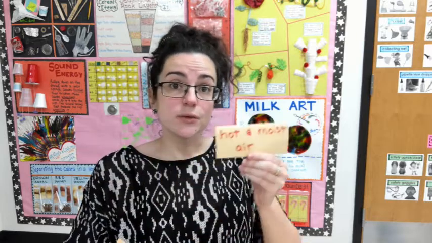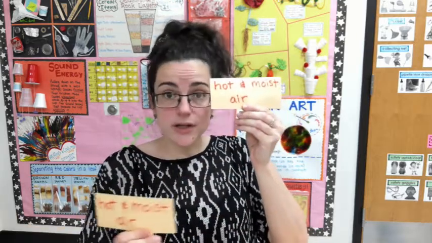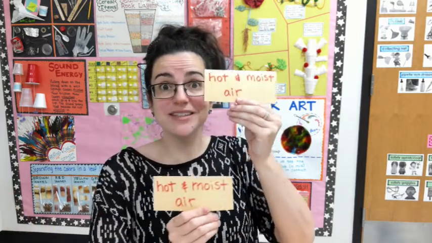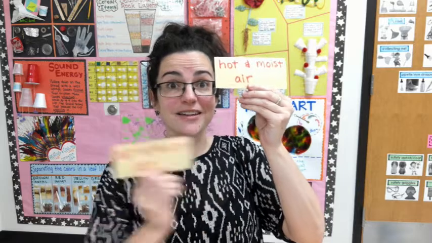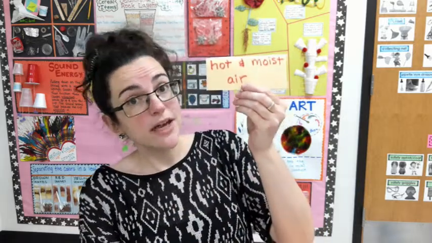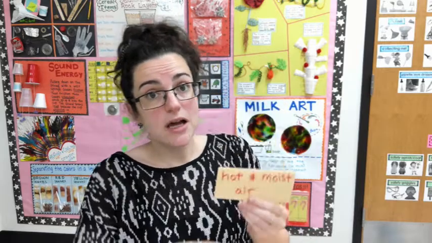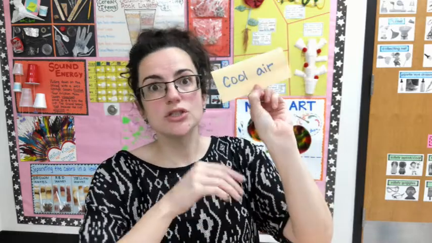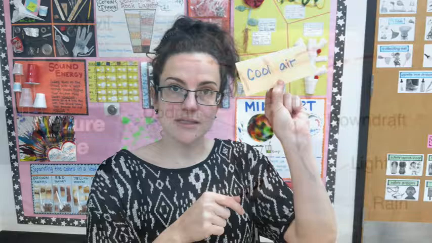So my hot, moist air is going to rise, more air is going to come in that's hot and moist, and it's like this movement going higher and higher, and eventually when that air that is hot and moist gets up into the atmosphere far away from our planet, it's going to start cooling off and condensing.